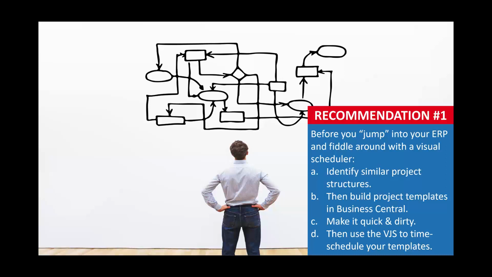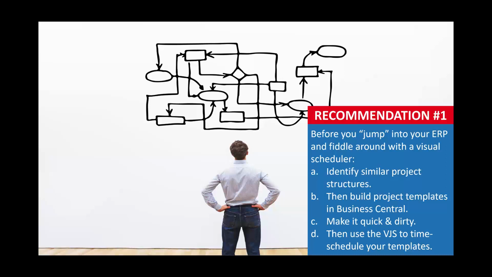Most customers that I worked with that work with the VJS have these similar project structures. Like in my case, we have the system implementation and we have the service and maintenance. This is again simplified, but typically customers have repeating project structures, and every project is unique, but the structures are similar. If this is the case, and I bet if you look, you will find these similarities, then I recommend that you build project templates in Business Central.